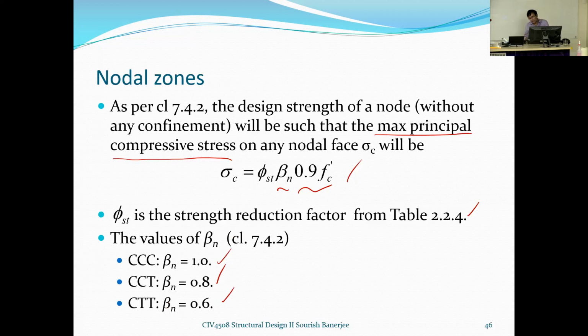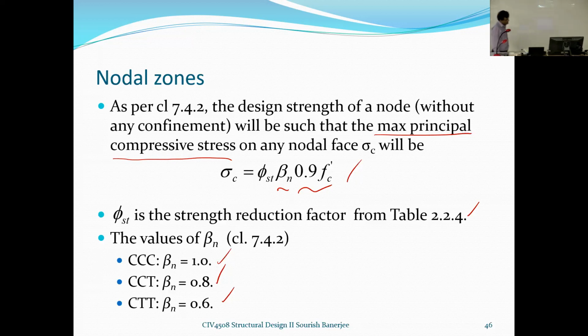So you can see the nodal efficiency, you can think in that way. Nodal efficiency is getting reduced when you have more and more tensile members connected to it, simply because we are trying to pull the node apart, which is the problem, isn't it? Because it is concrete. So concrete is very weak in tension. So if you have more and more ties connected to a node, it is always a problem.